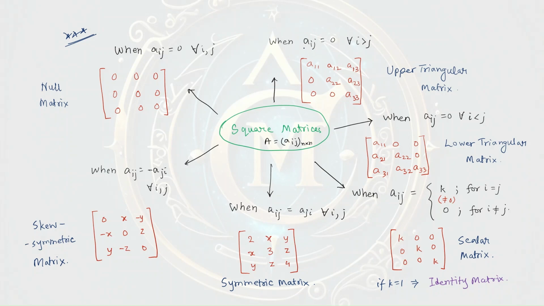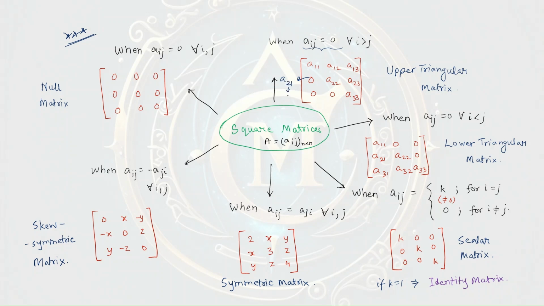Similarly, when Aij, the element of matrix A, is 0 for all i greater than j, you need to put 0 in the part where the row number is greater than the column number. So this element becomes A21.